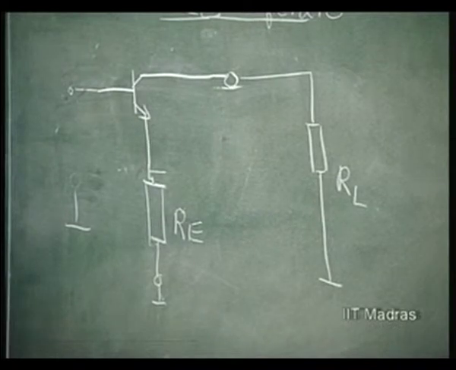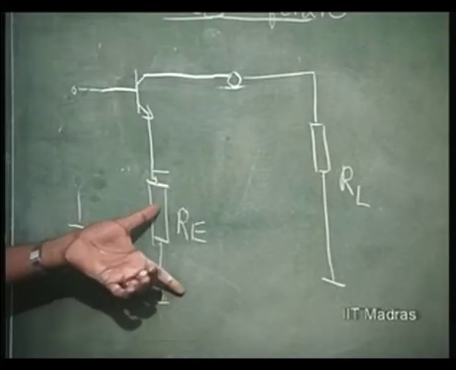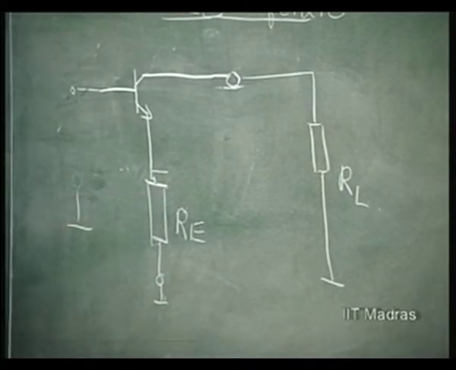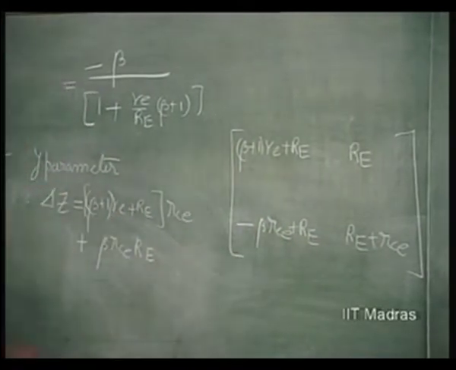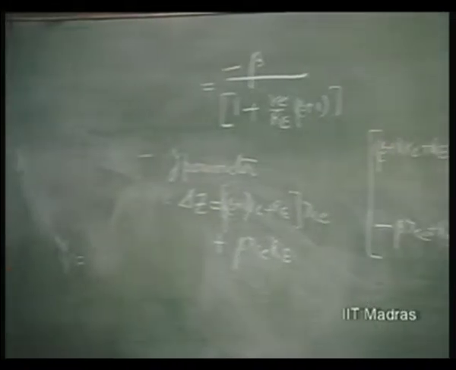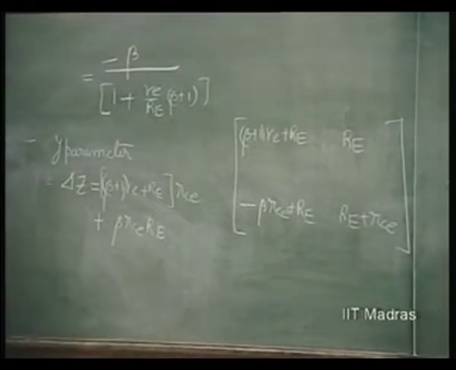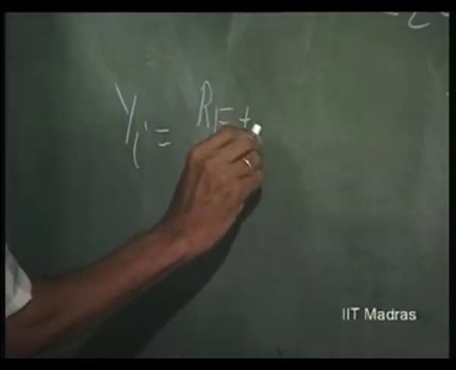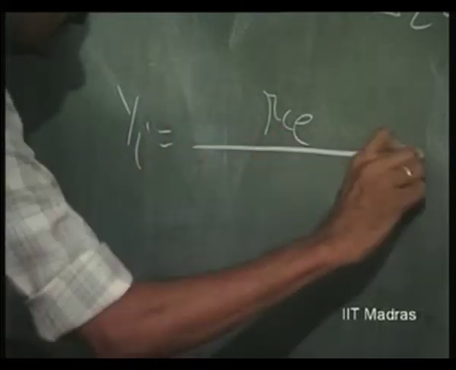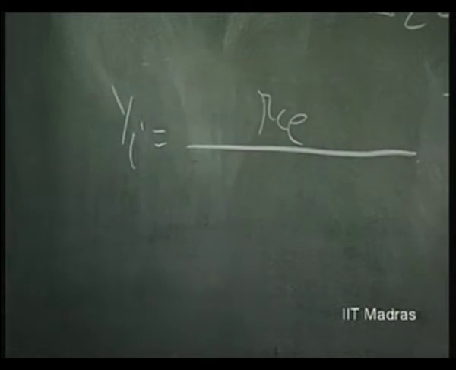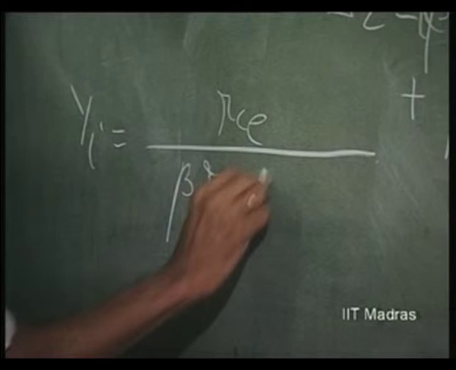Now, it has boosted up input impedance. You can find out that by getting the yi, which is going to be once again RE plus RCE, in which RE is going to be ignored, divided by delta Z, in which beta RCE RE dominates.